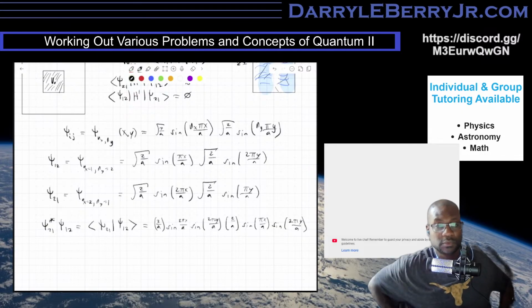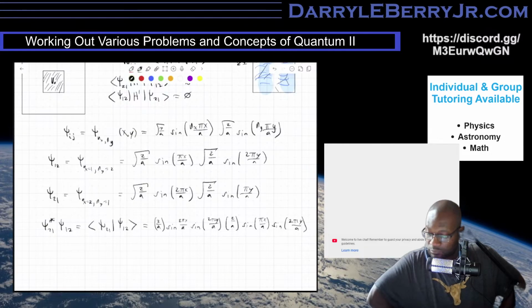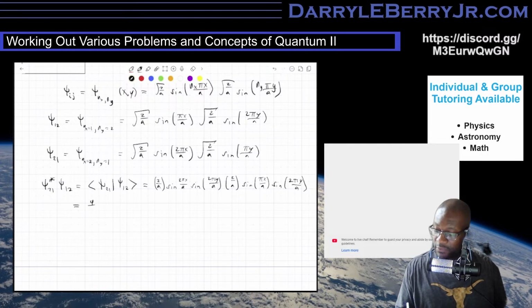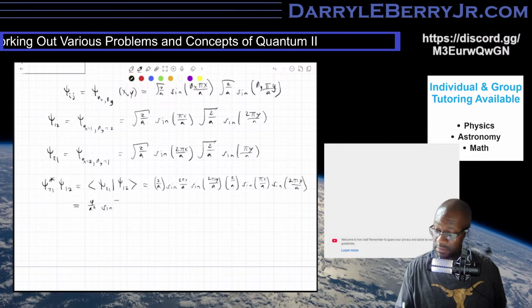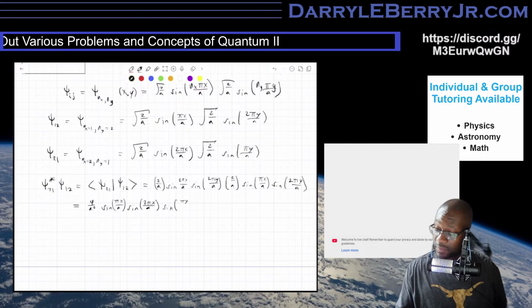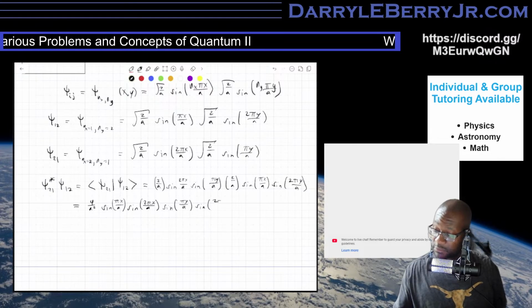So if I was to simplify this, we have 4 over a squared sine pi x over a, sine 2 pi x over a, sine pi y over a, sine 2 pi y over a.